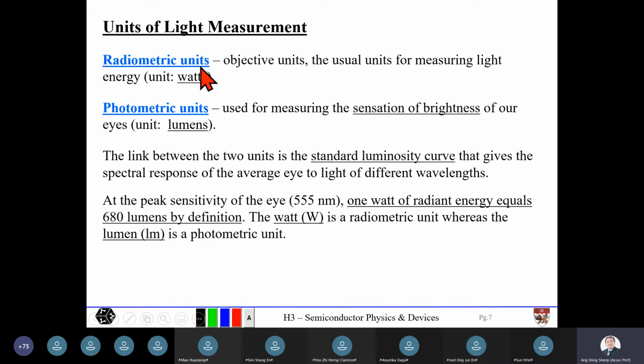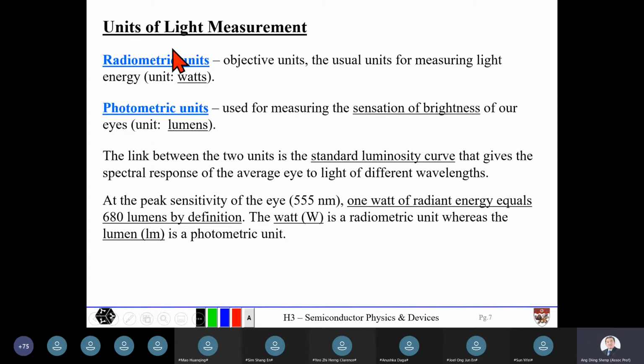Radiometric units are very objective. In other words, if everybody describes a certain amount of light in terms of a radiometric unit, it refers to the same amount of energy or power.